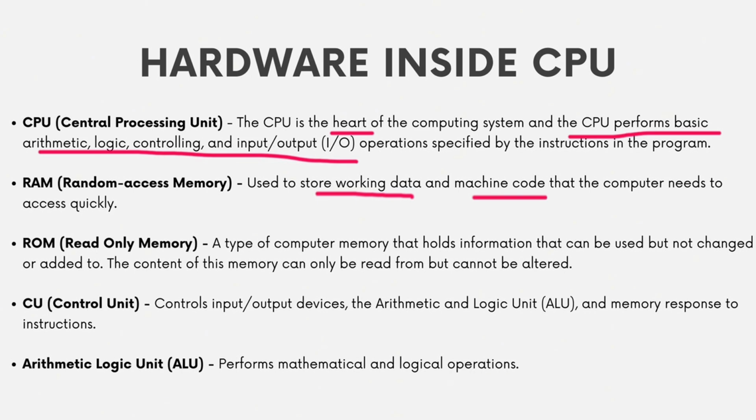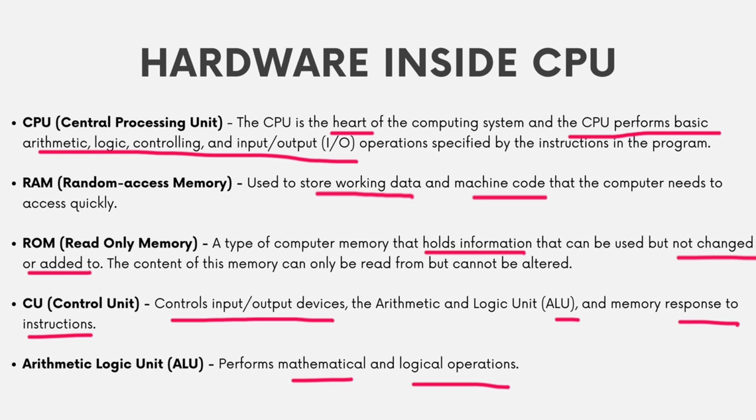Number 3, ROM. What is ROM? Read-only memory is a type of computer memory that holds information that can be used but not changed or added to. The content of this memory can only be read but cannot be altered. Number 4 is the CU, which we call the control unit.